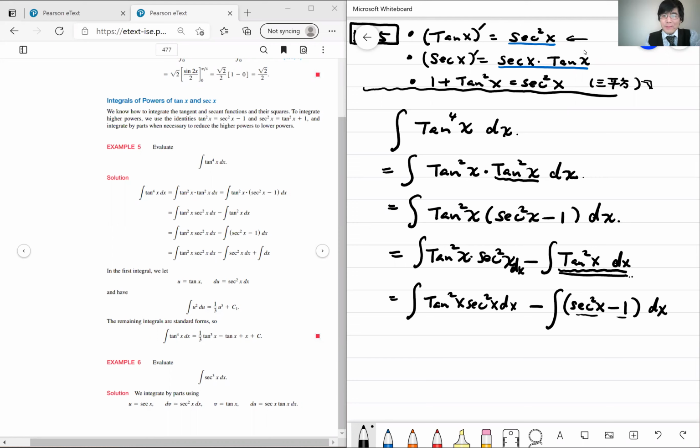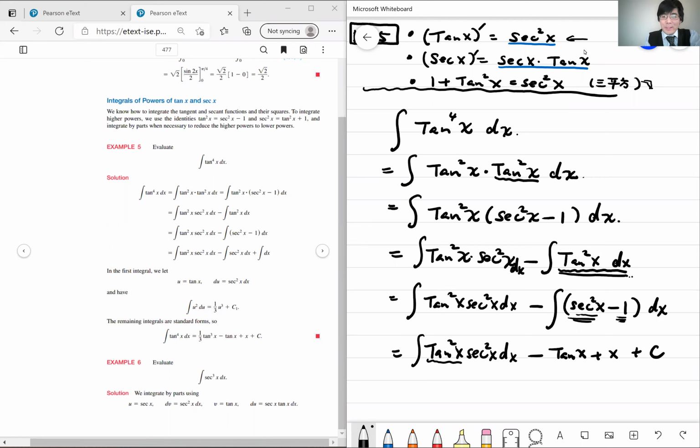Okay. Integral of secant square x is equal to tangent x. So that part will be done. So integral of this is going to be tangent. Integral of 1 will be x.